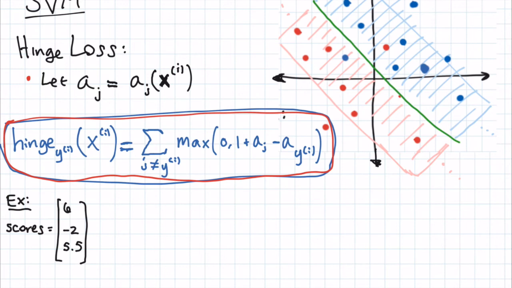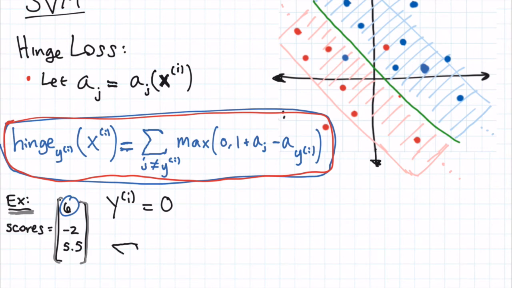Now let's do a quick example. Let's say we have a 3-class classification problem, and that our model just output the following scores: 6, -2, and 5.5. And for this training example, let's suppose that class 0 was the true class. In that case, we can write that yi equals 0.